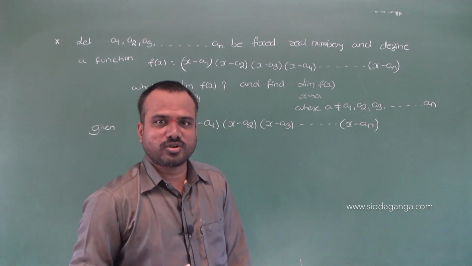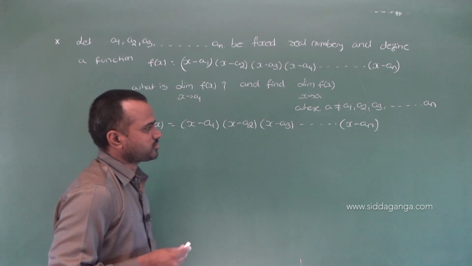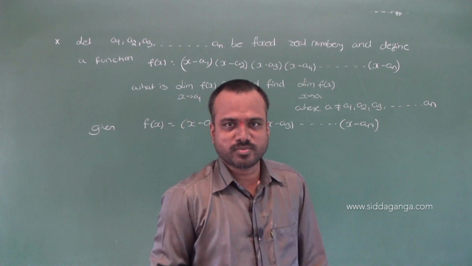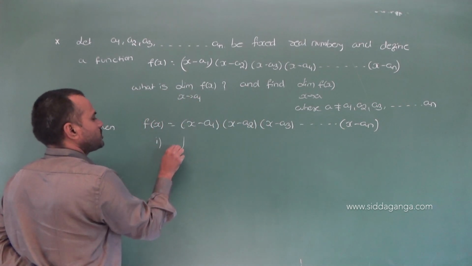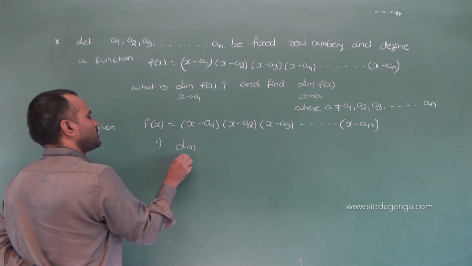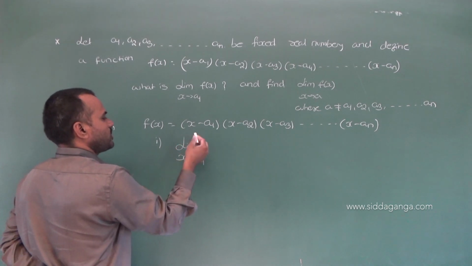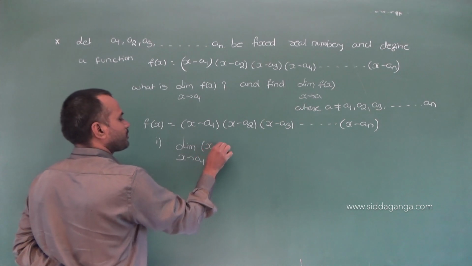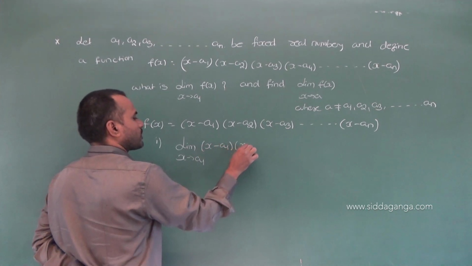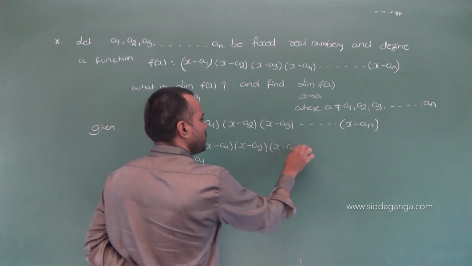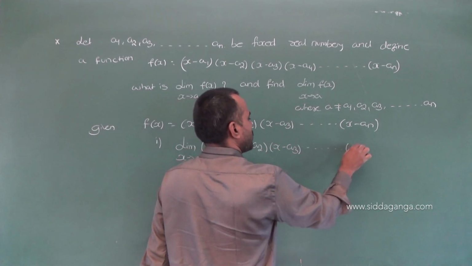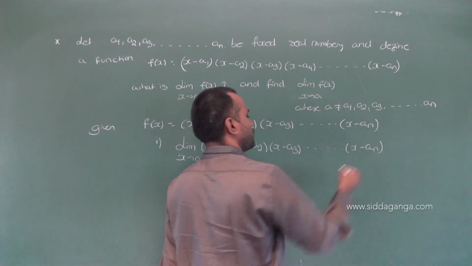First value, number 1: limit as x tends to a1 of f of x, which is (x minus a2)(x minus a3)...(x minus an) times (x minus a1).